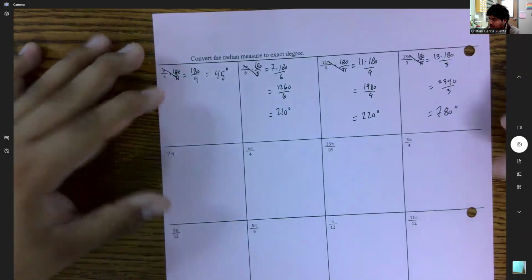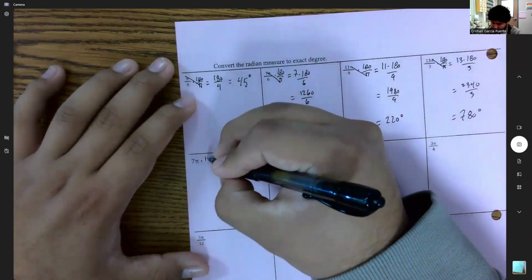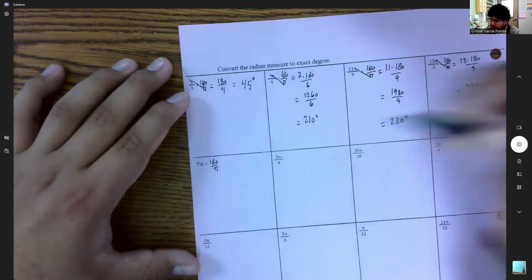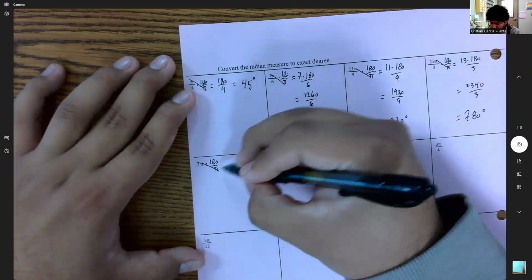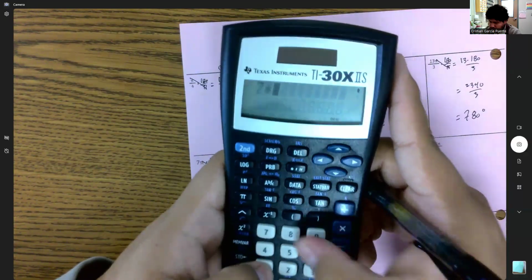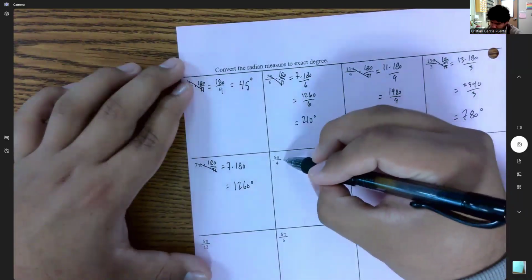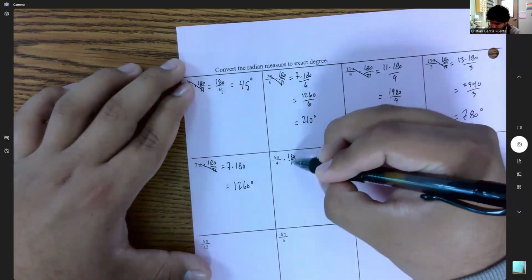All right, last row I'm going to do for the video. So again, multiply by 180 over pi. This one, the pi's are going to cancel. So you'll be left with 7 times 180, which is just 1260. And that's your answer. Again, over here, multiply by 180 over pi.